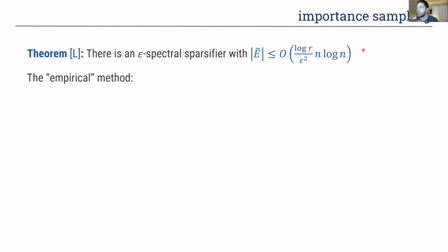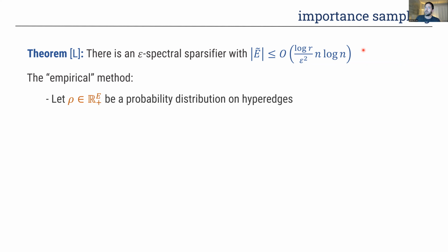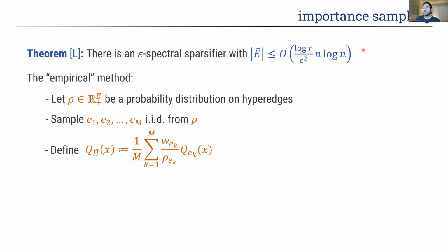Okay, and how are we going to sparsify? We're going to do something that's sometimes called the empirical method. Very simple. Let rho be a probability distribution on the hyperedges. So just what it says. We are going to have to carefully choose a distribution, and then we'll sample hyperedges independently from this distribution. So for some number m, we sample m hyperedges IID from rho, and then we output the hypergraph with this quadratic form.